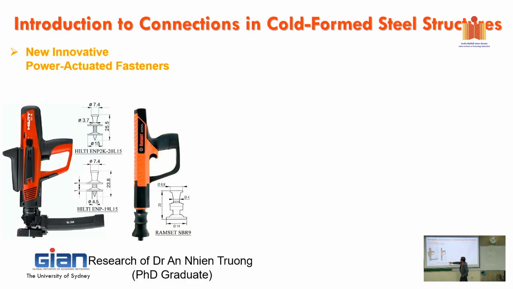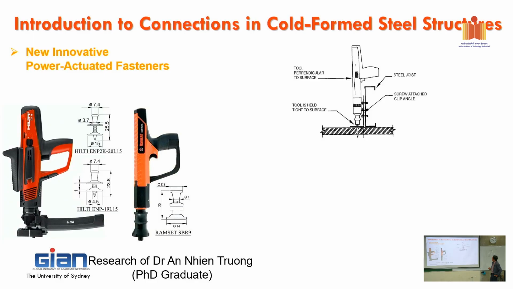On the left-hand side is the one from Hilti. This is a European one, and this one, Ramset, is an American product. You can see the dimensions of those that we use. The diameter is 4.5. The bigger one is 7.4. It's quite big, chunky. And this one is a little bit smaller, 4 millimeter diameter from that gun.